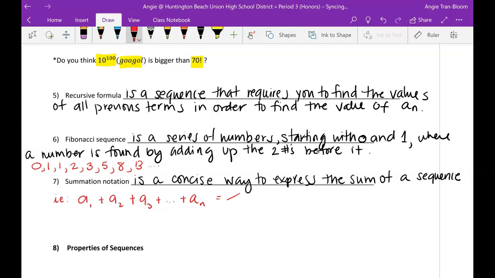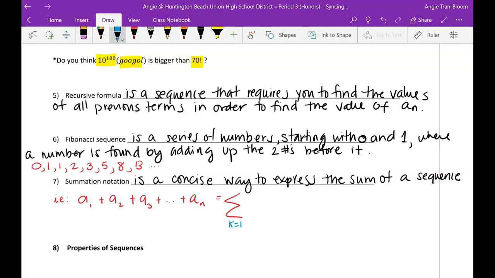Summation notation is like an E, like that. The bottom number is telling me what I'm starting with. So k equals 1 means my first term is 1.